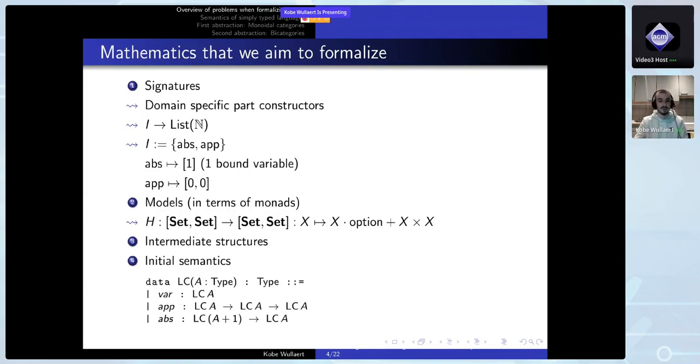And this is something that you can obtain by first defining a signature, then defining this functor H, and then taking the initial algebra. And then on top of it, you also want to have some kind of monad structure in order to get the notion of parallel substitution.